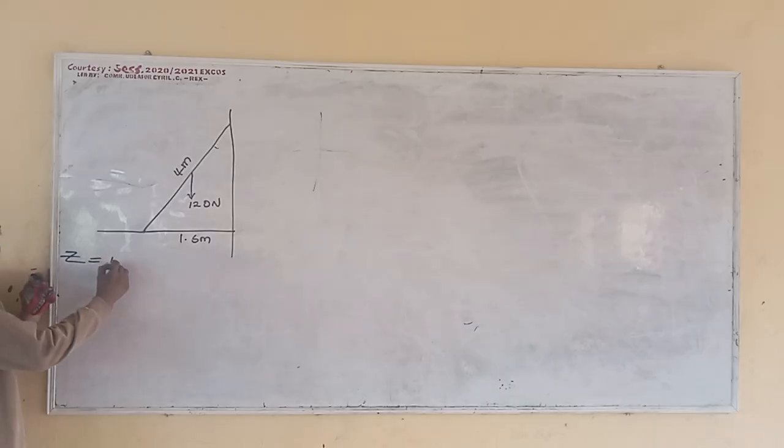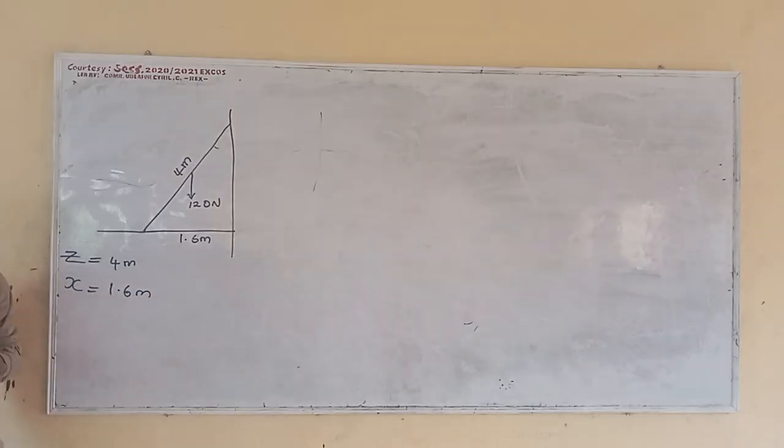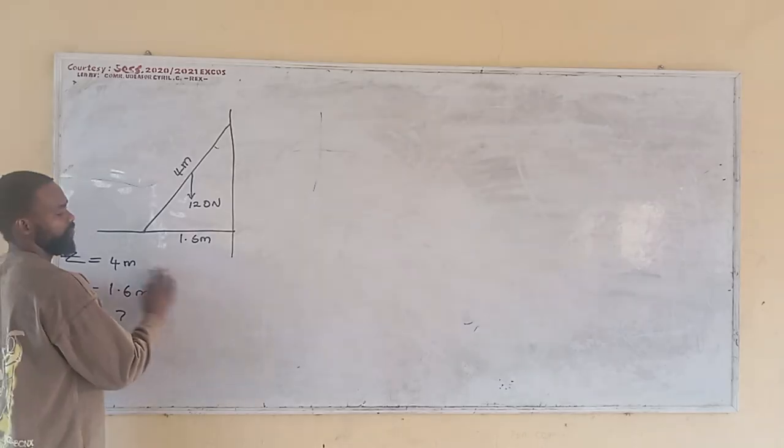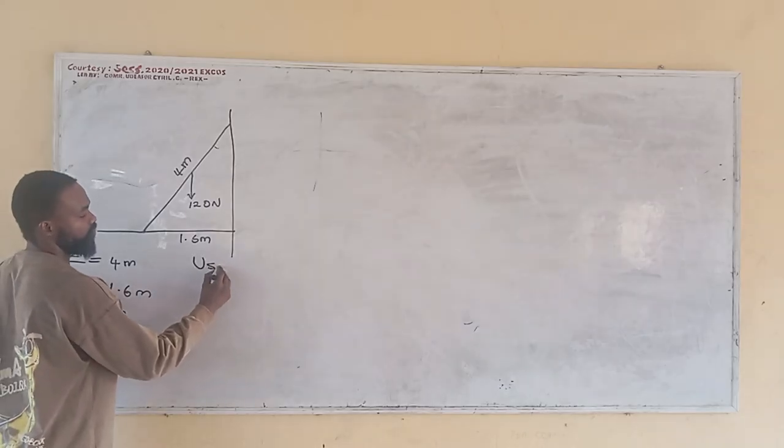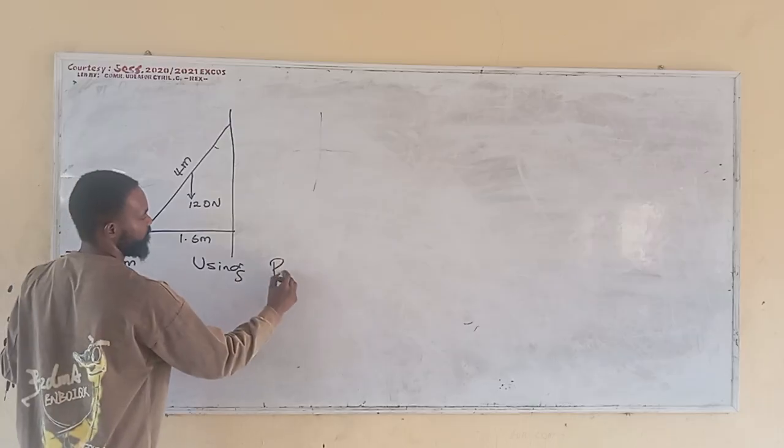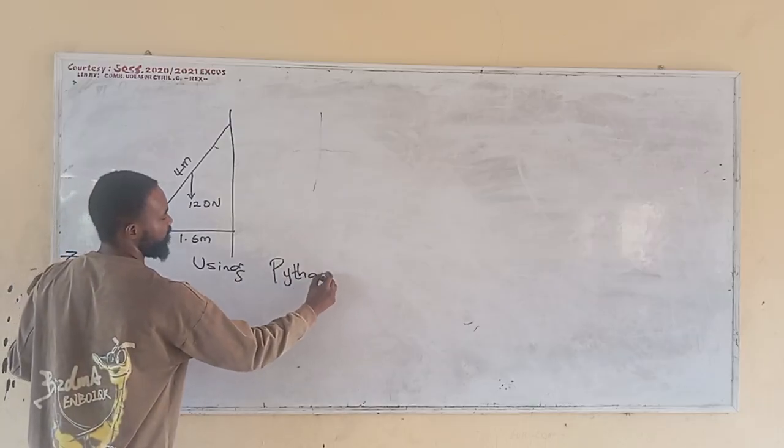So I have the z-axis having 4 meters and the x-axis having 1.6 meter. When we did IJK vectors, we have i for x-axis, j for y-axis, and k for z. So the y-axis is what I don't know. If I don't know the y-axis, the only way to get it is by using Pythagoras.